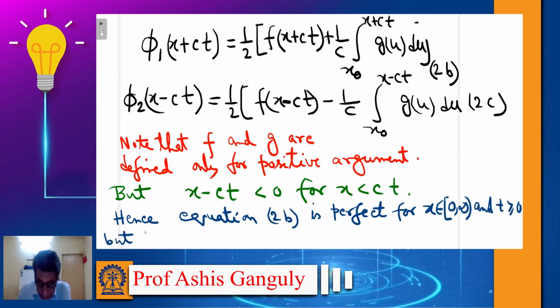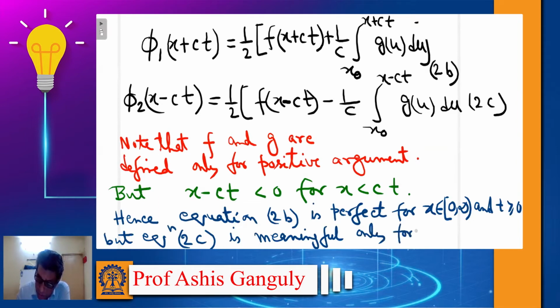But equation 2c is meaningful only for x belongs to ct to infinity, t greater or equal to 0.